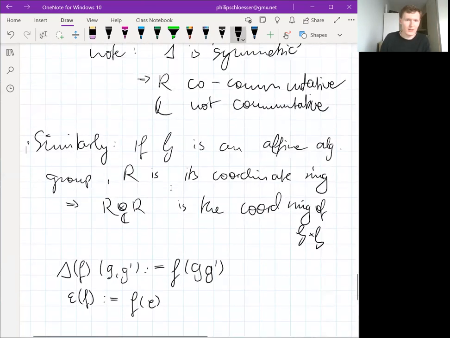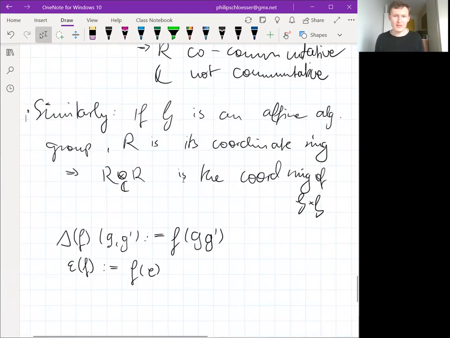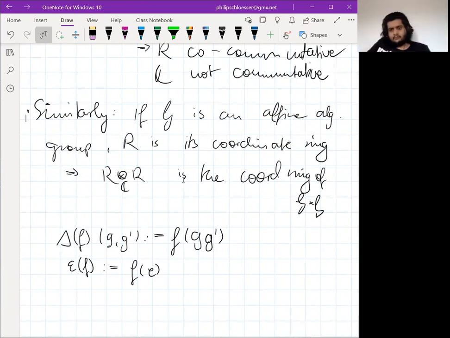And this is sort of the second big area where these bialgebras arise, when we have some group that happens to also be some sort of geometric space, and that geometric space is described by some ring of functions. In this case, for simplicity, regular functions.